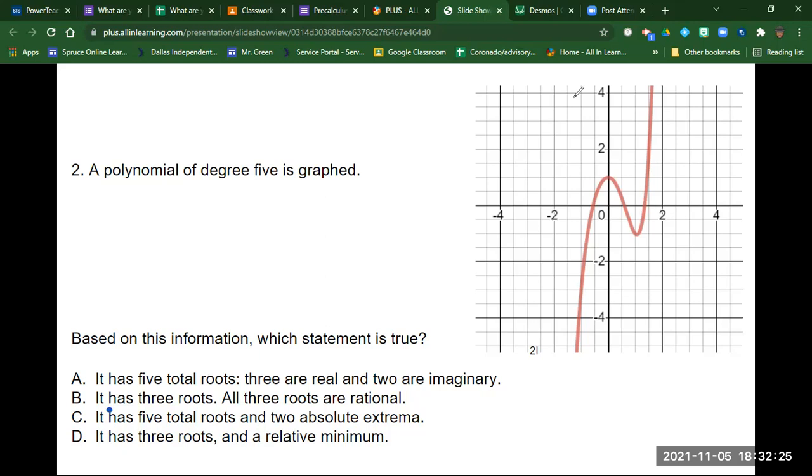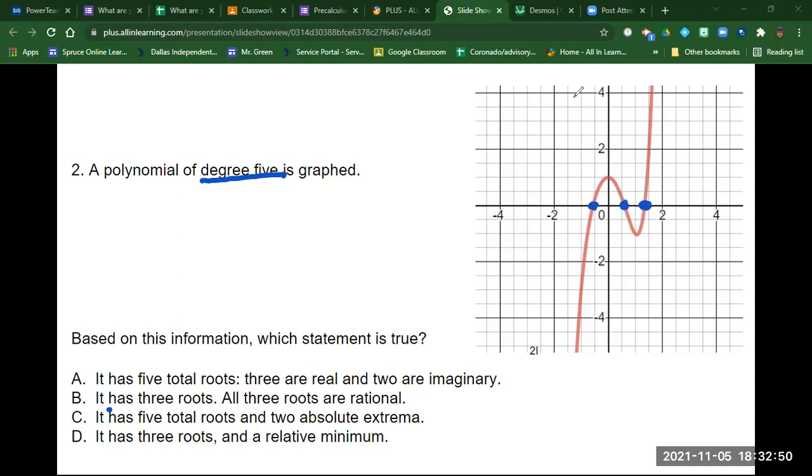Which statement is true? It has 5 total roots, 3 are real, and 2 are imaginary. Here's the big thing about this particular graph. It says this has degree 5. There should be 5 x-intercepts. Instead, I only see 1, 2, 3.